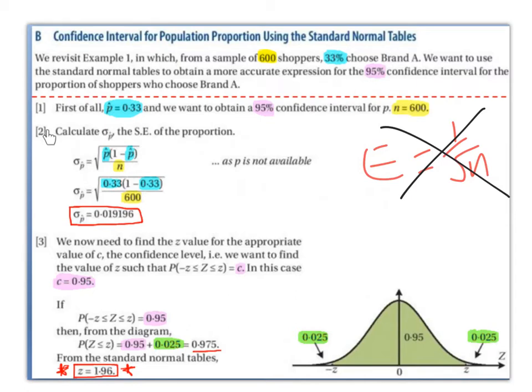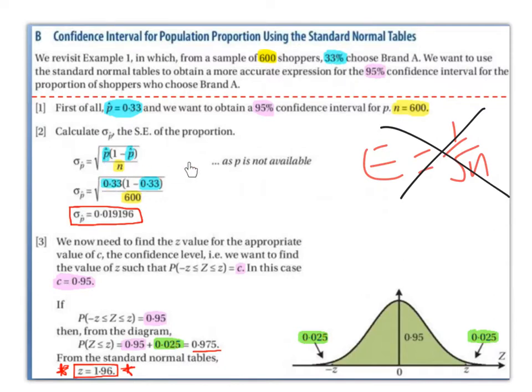Step 2. We need to calculate the standard error of the proportion. And the formula for that is square root p hat times 1 minus p hat divided by n. So this is given in our formula book, except it usually has p in place of p hat. But since p is not available, only p hat is, we're going to have to use p hat.